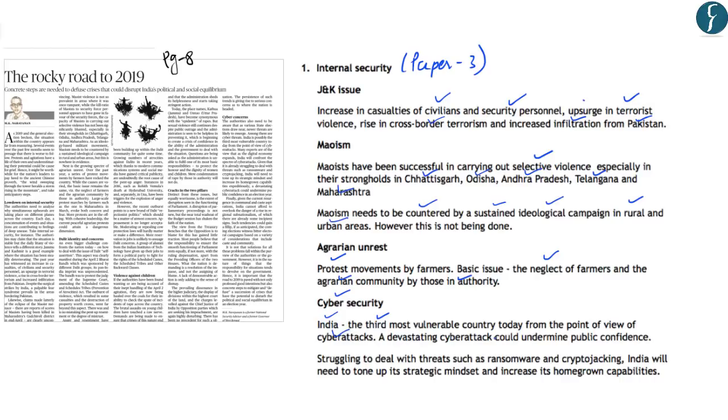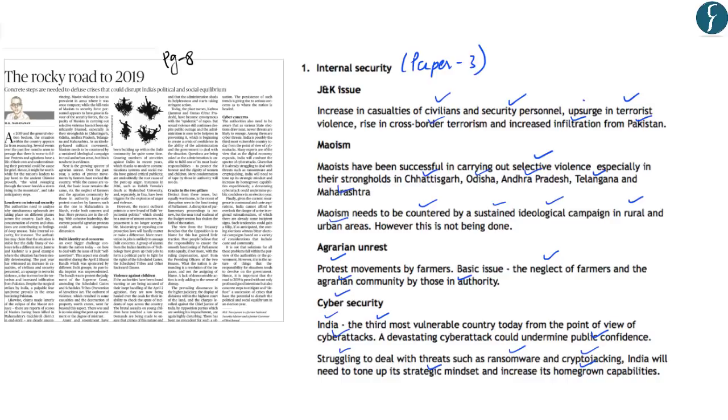And a devastating cyber attack could undermine public confidence in the country. Since India is already struggling to deal with threats such as ransomware and cryptojacking, there is a need for India to tone up its strategic mindset and increase its homegrown capabilities in cyber security.